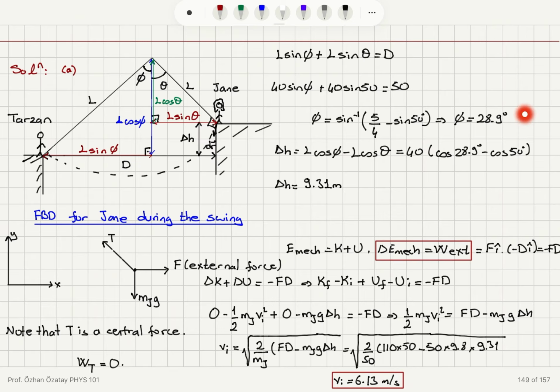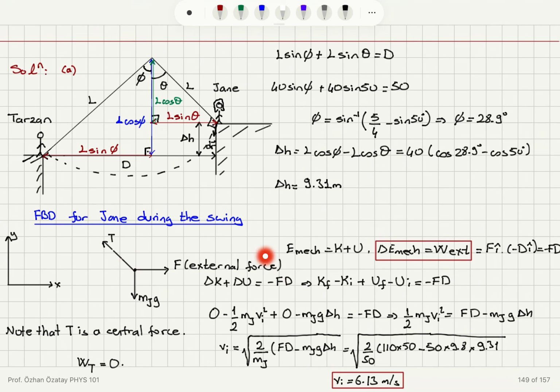This allowed us to calculate phi and the perpendicular distance between Jane and Tarzan. When I look at the free body diagram for Jane during the swing, I see that there's a constant horizontal force F, which is an external force. There is the weight of Jane, and there is the tension on the string.